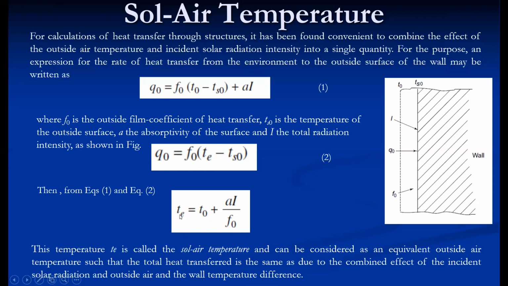This temperature T is called the solar temperature and can be considered as an equivalent outside air temperature, such that the total heat transferred is the same as due to the combined effect of incident solar radiation and outside air and the wall temperature difference. So this is the expression that we are going to use in both methods, that is CLTD and the decrement factor time lag method.